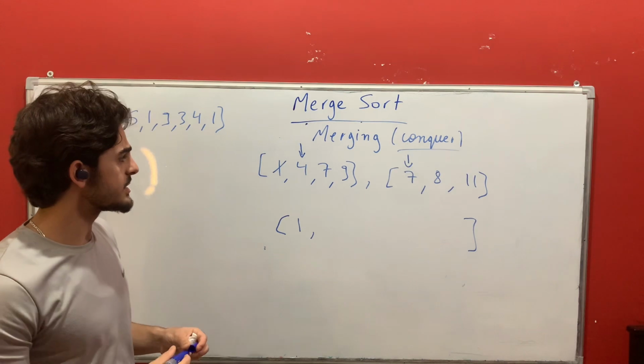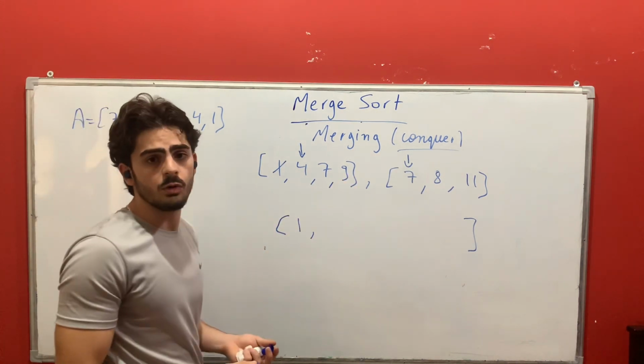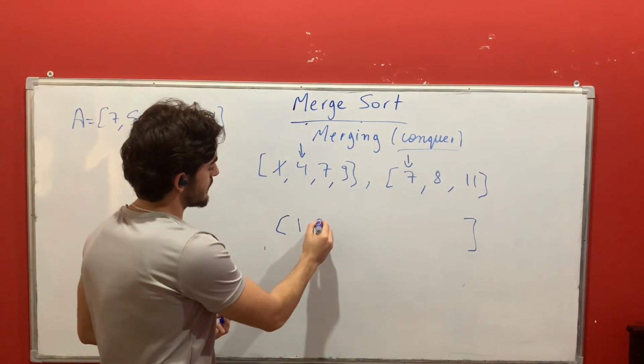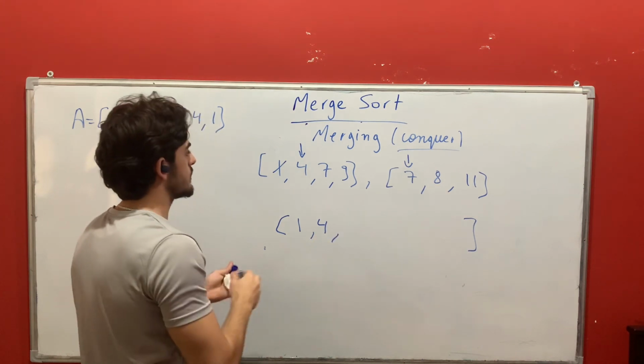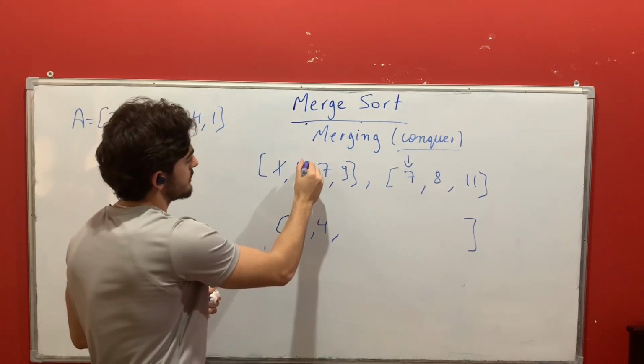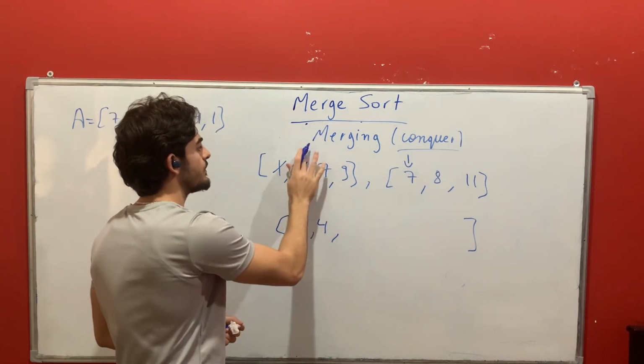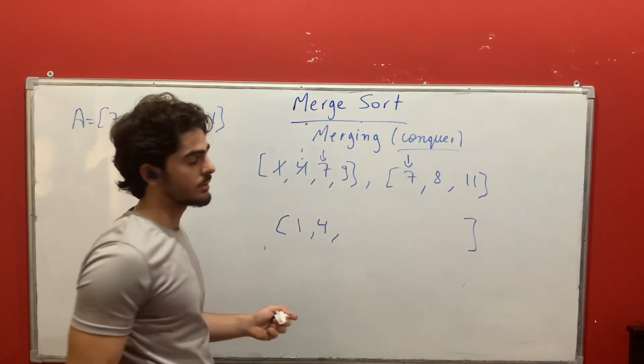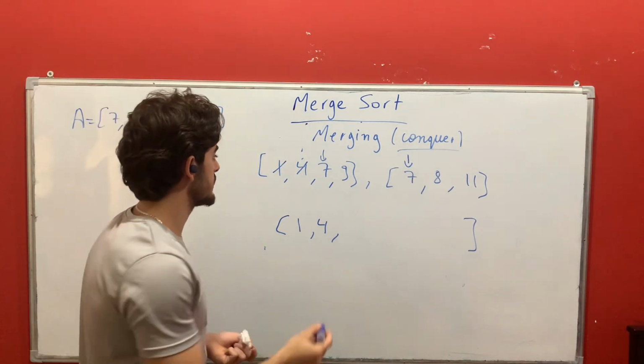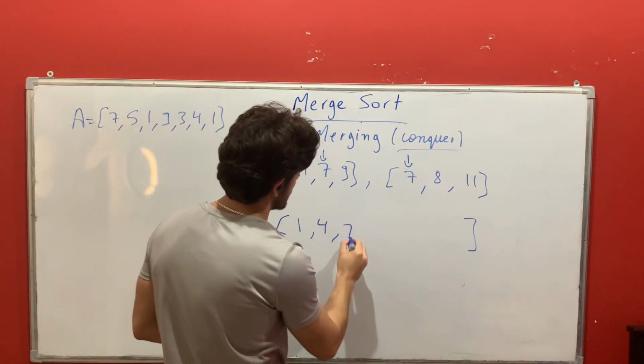We continue the process. 4 and 7. Who is smaller? Of course 4. We continue. 7 and 7, they are the same, so we choose whichever we want. Let's choose this one.